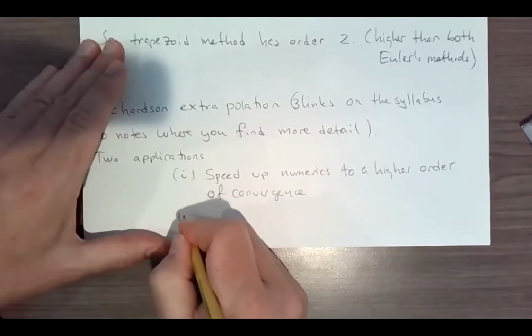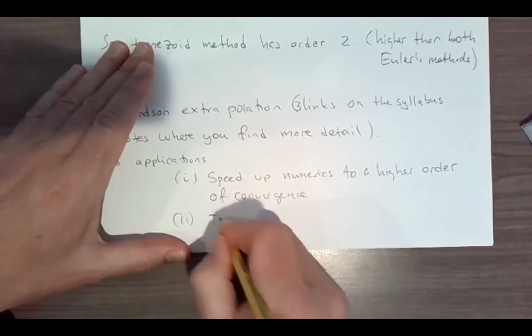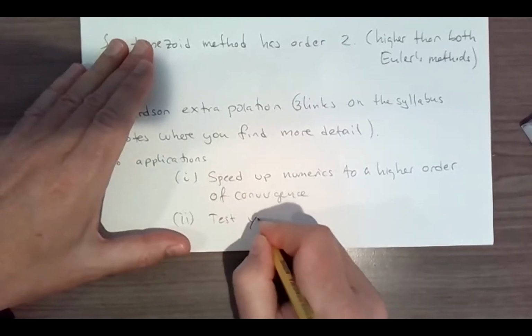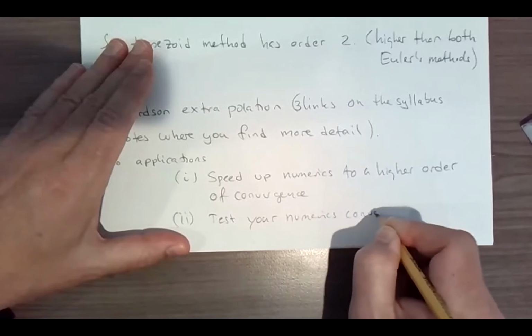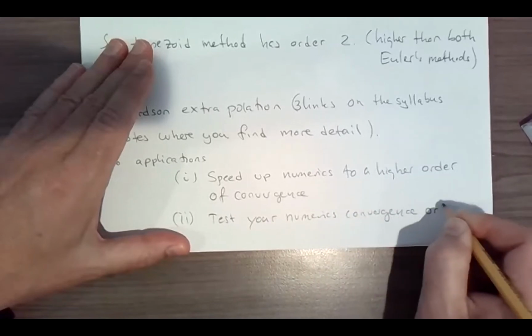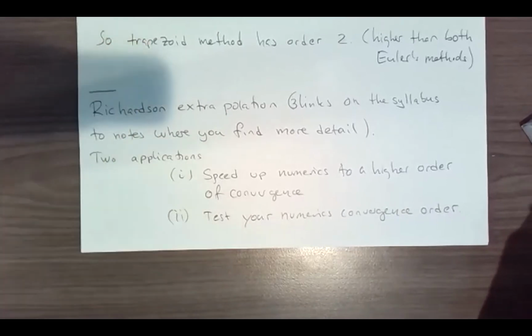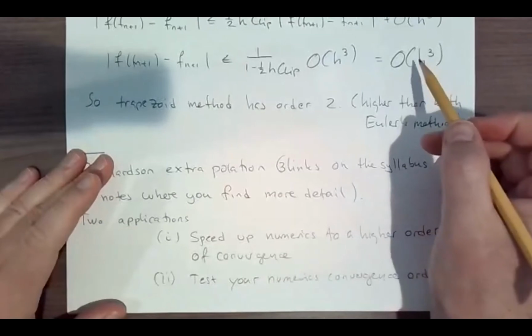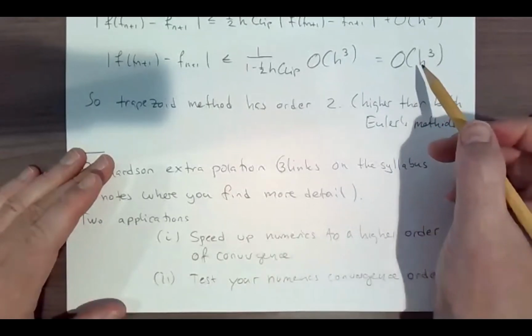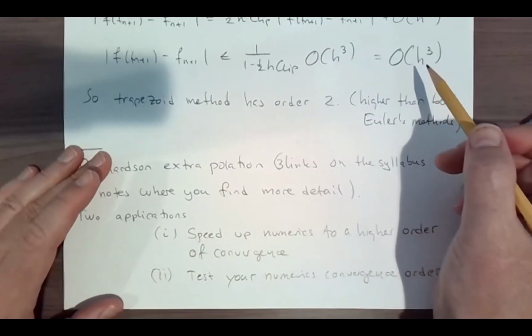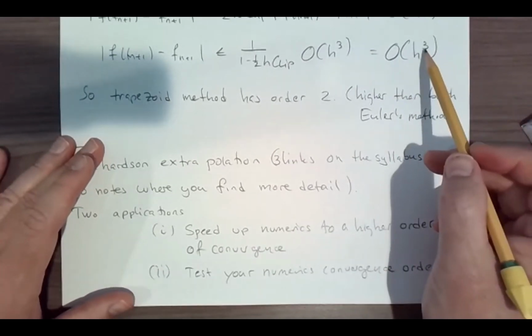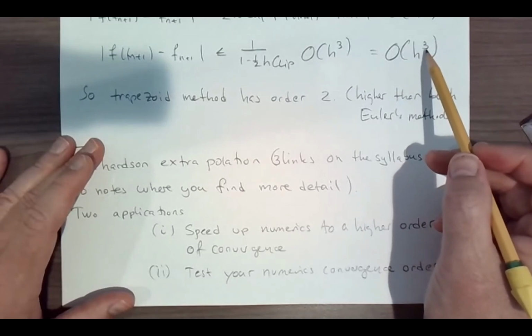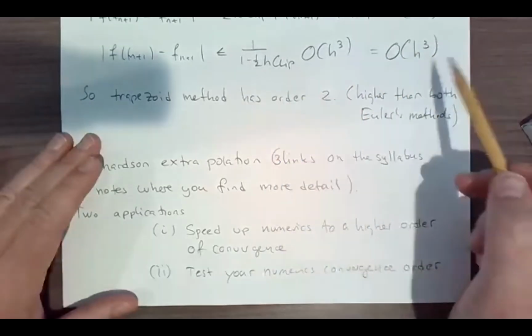And the other one is you can actually test your numerics convergence order. So you're doing your numerics with a time step of h, and you do your numerics for different time steps, and you're interested in estimating: is it really the power 3 that we're seeing up here when you do an example, or is it something else?